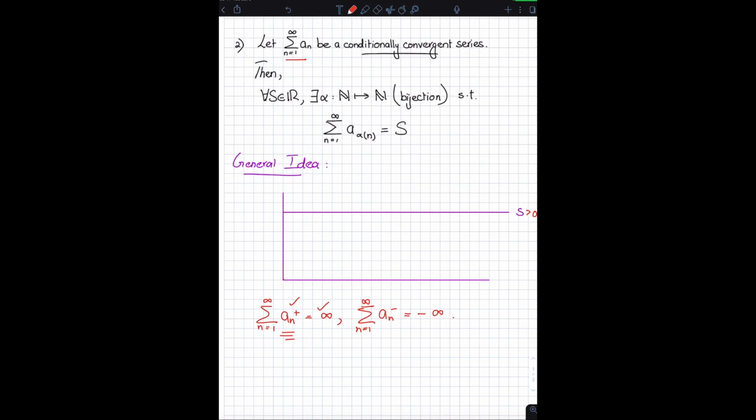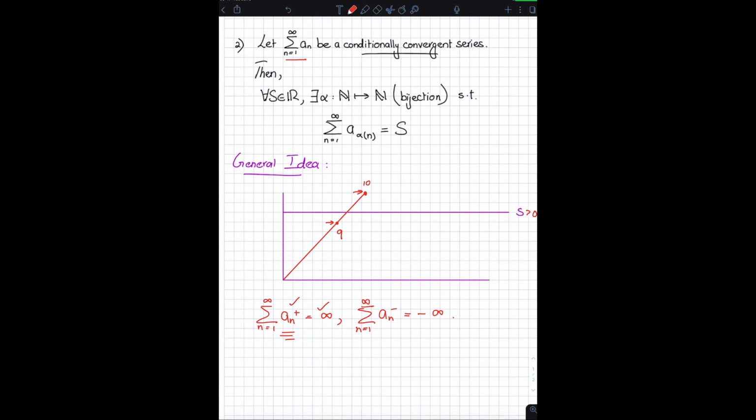So let's say that I require 10 terms, and when I add those 10 terms up, I exceed s. If I add up the first 9 terms, I reach this point, but when I add the 10th term, I obtain something that is greater than s. So at this point, I'm going to stop.